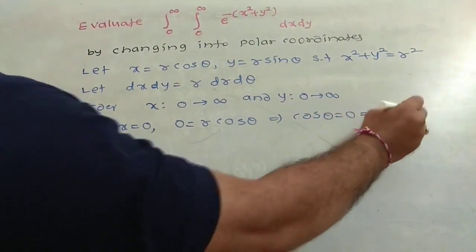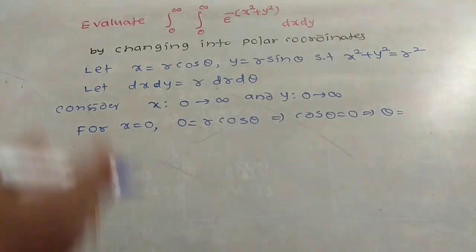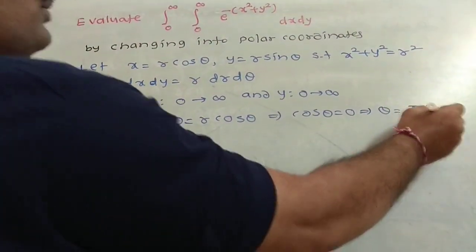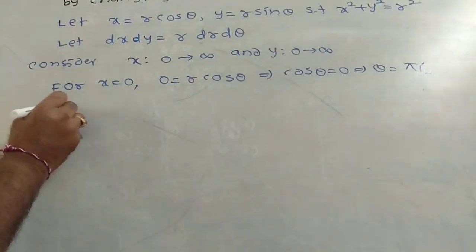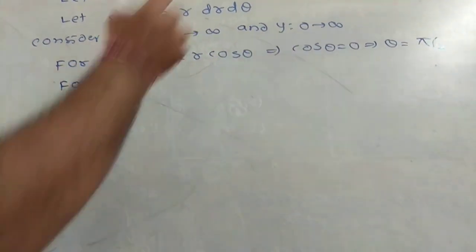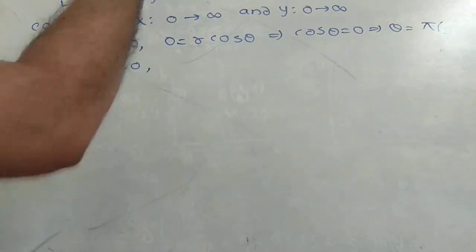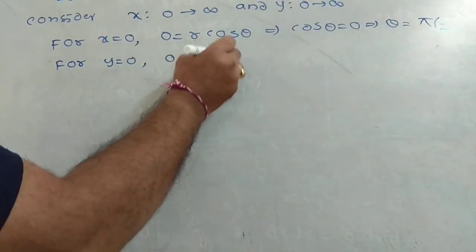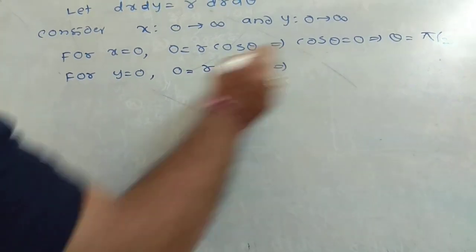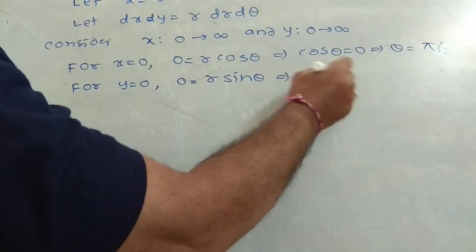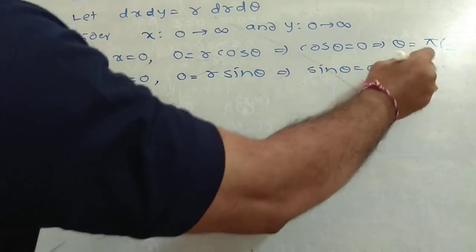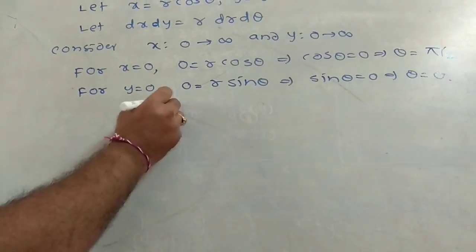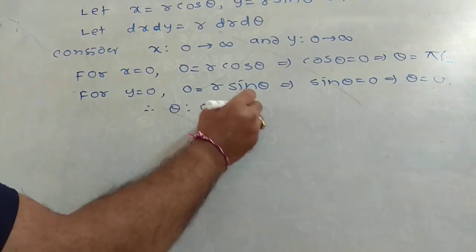From this, theta equals pi by 2, the value for which cos is 0. Similarly, substitute the lower limit of y, y equal to 0, in the second equation: 0 equal to r sin theta. Since r is not equal to 0, sin theta is equal to 0, so theta equals 0. So we now have theta limits 0 to pi by 2.